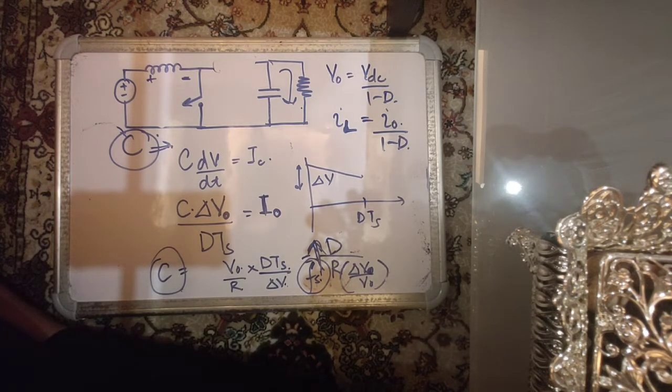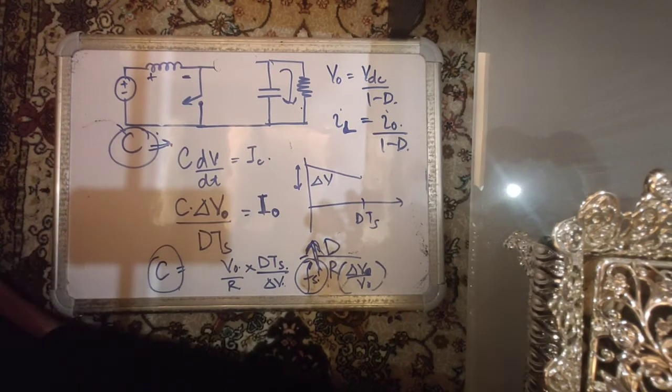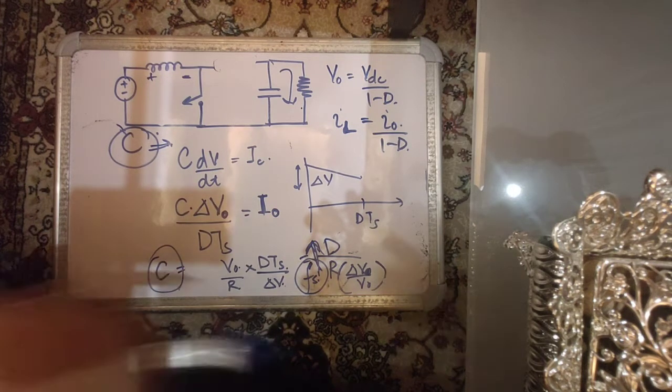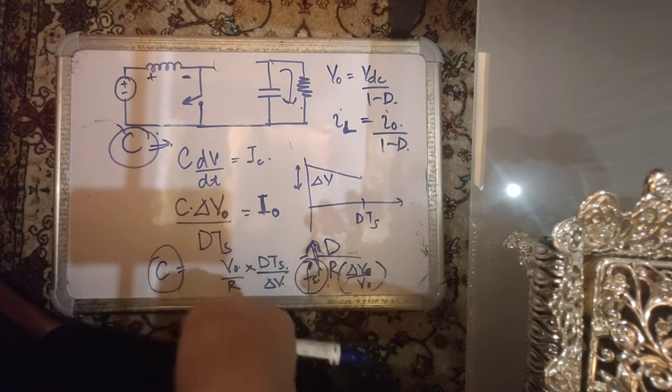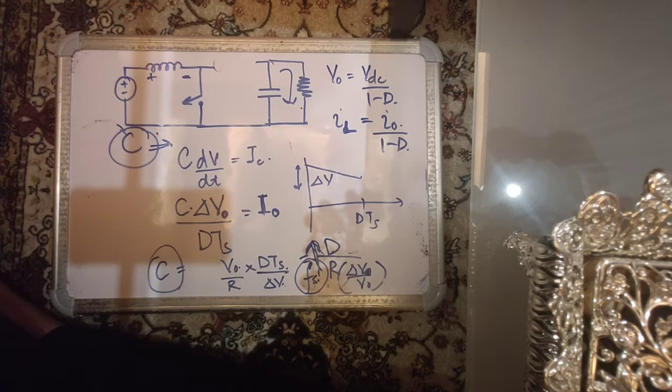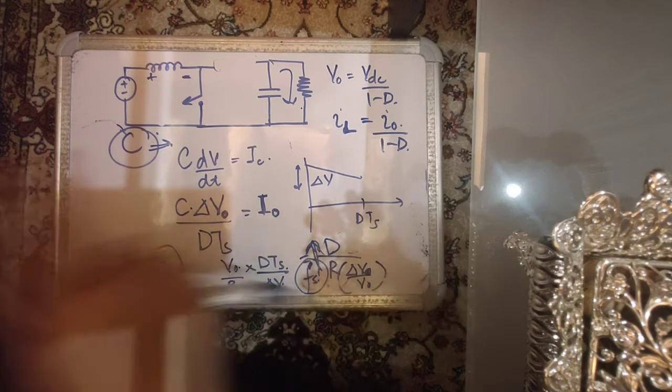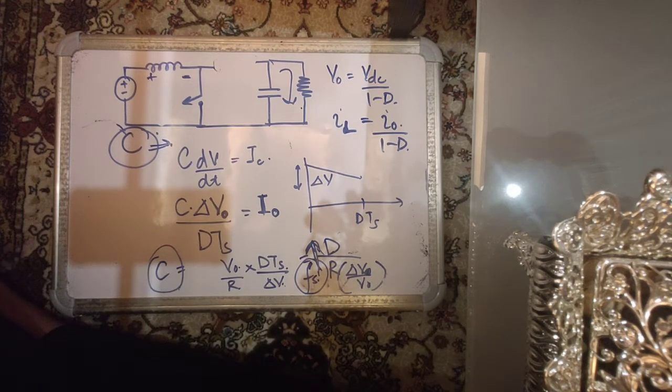It's just storing and releasing, and we ensure mathematically that this balance is maintained through the volt second or current second balance. We interpreted this in the form of equations, and we also saw the behavior of L and C with respect to switching frequency and ripple in load voltage and load current. So yeah, that is it.